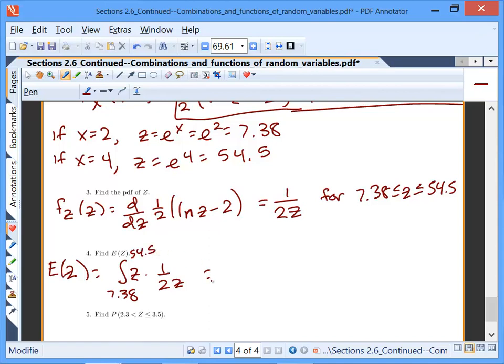I wonder if I did something wrong with my bounds. I think I did something wrong with my bounds. Or we made an algebra mistake somewhere.